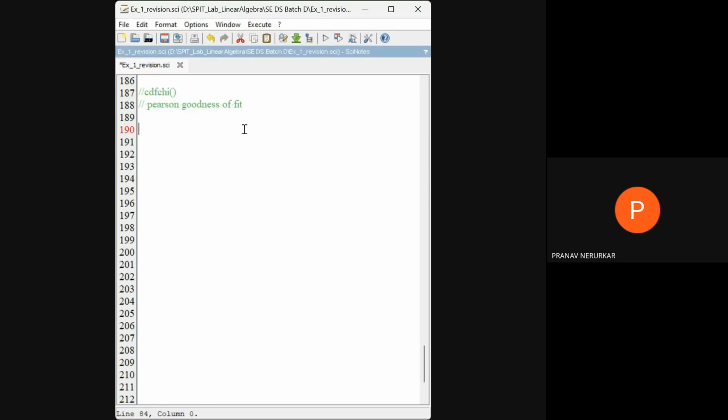So we have this CDF chi-square function.